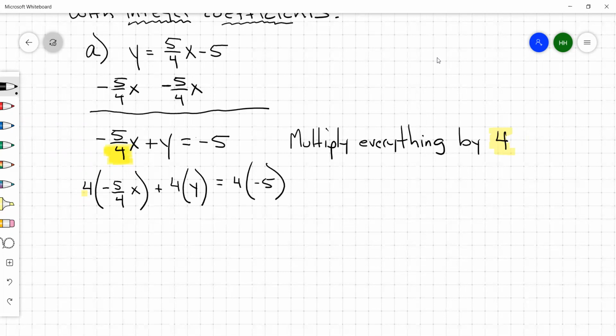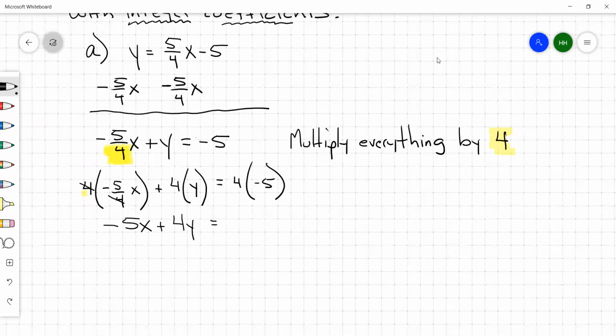And the reason we multiplied by 4 was to get rid of that fraction. So when you multiply by 4 right here, the 4's cancel and you get negative 5x. Plus, you got your 4 times y is 4y.